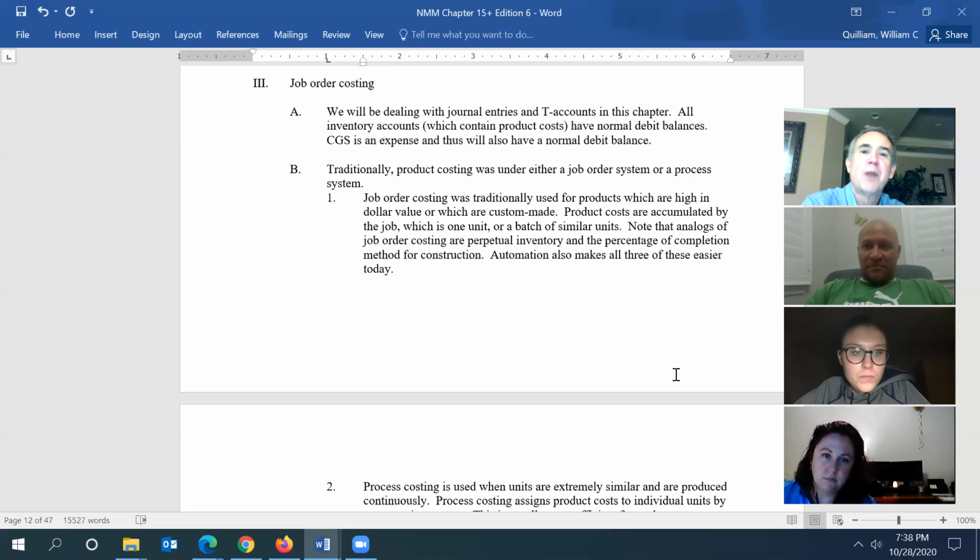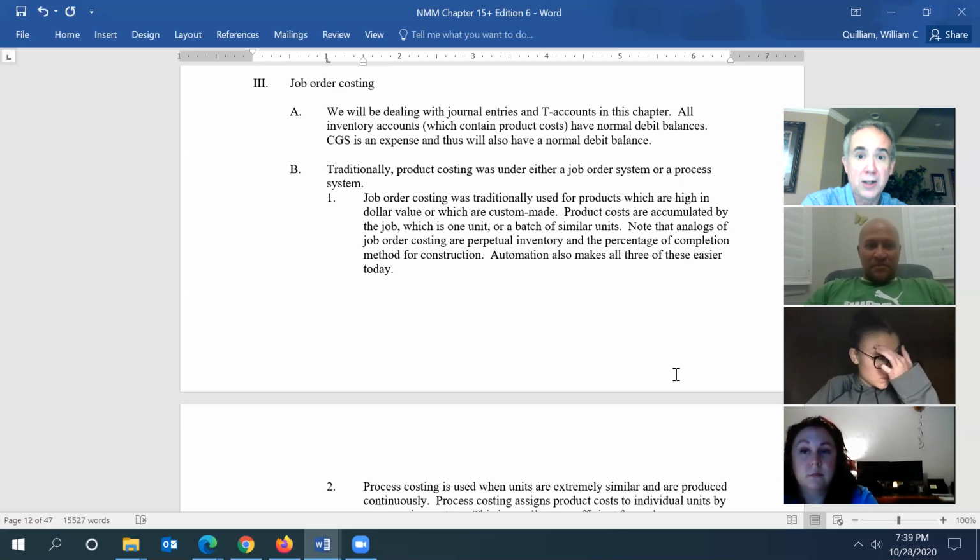Note that analogs of job order costing are perpetual inventory, where we continually track it. And in intermediate level accounting, you'll see something called the percentage of completion method for construction. That again is where we continually track costs. And automation makes all three of these easier today.